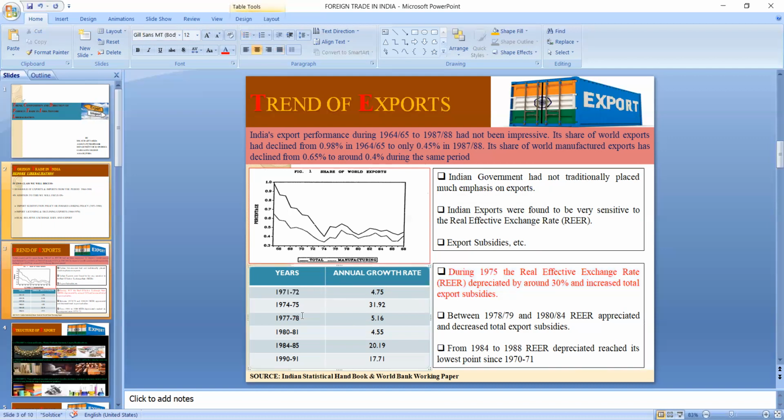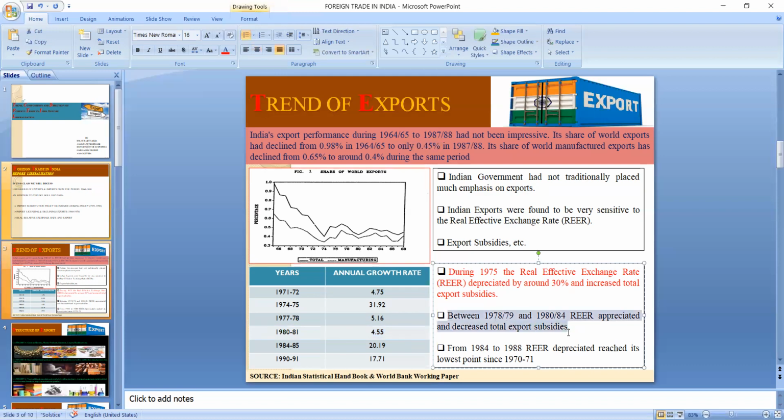However, after 1975, during 1977-78 and 1980-81, exports declined sharply. The growth rate of the export sector was 5.16% during 1977-78, declining from 31.92% to 5.16%, and further declined to 4.55% during 1980-81.